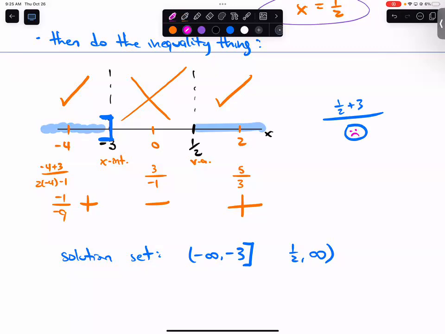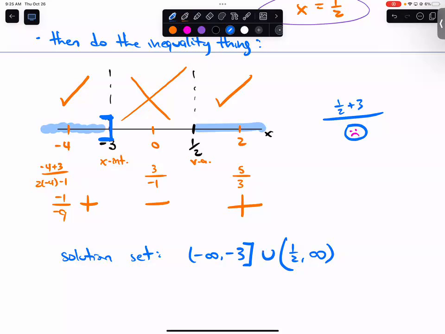Literally not defined. So if a thing is undefined, how does it compare to 0? I have no idea. So should I include 1/2? No. It's not in the domain. If it's not in the domain of the function, it can't be part of the answer set for where the function is bigger than or equal to 0, right?